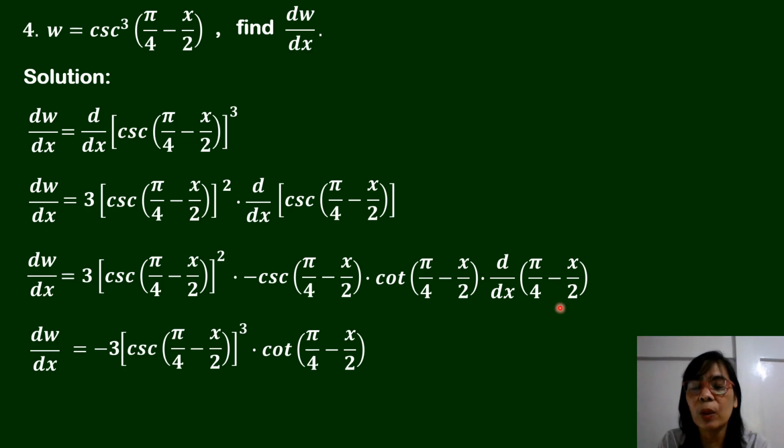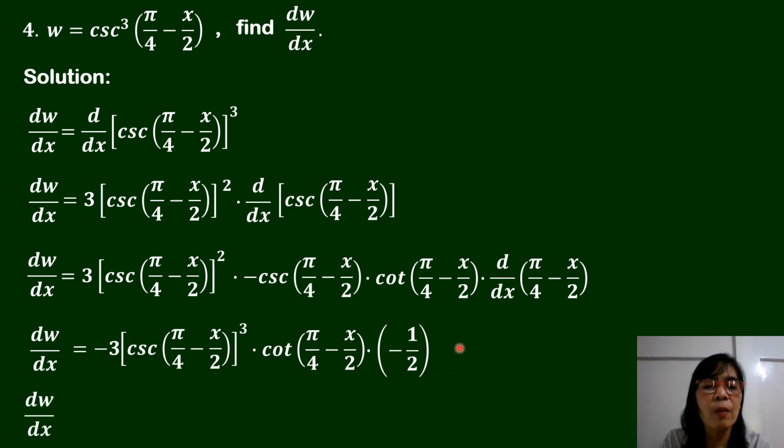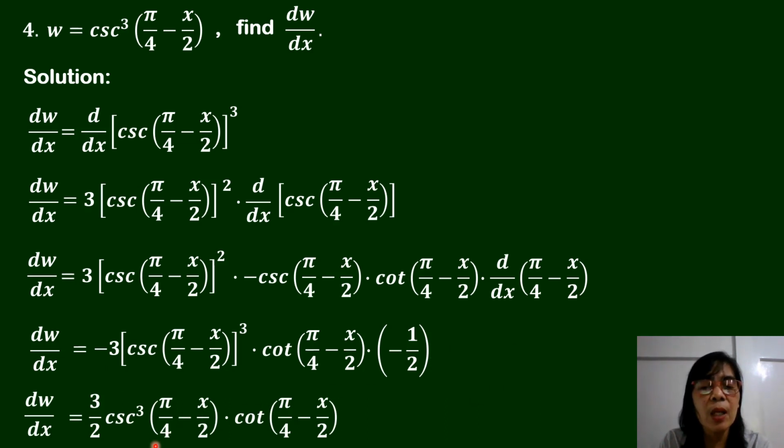So there are two terms. With pi over 4 a constant, its derivative is 0. And x over 2 may be written as 1 half x, so its derivative is just minus 1 half. So we're done differentiating. We just collect the constant factors and we now have our final answer. Negative 3 and negative 1 half is positive 3 halves.